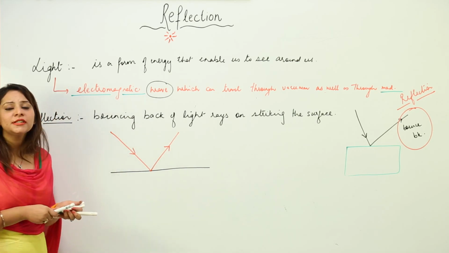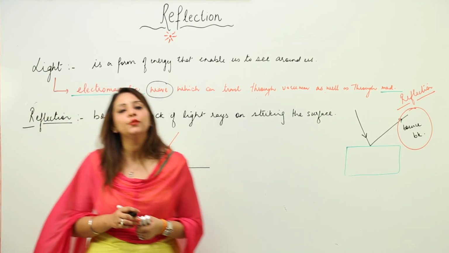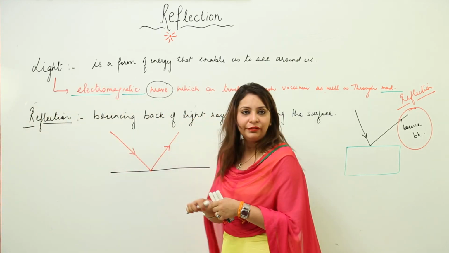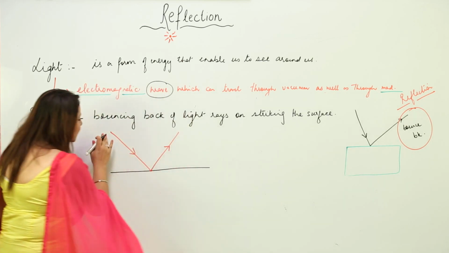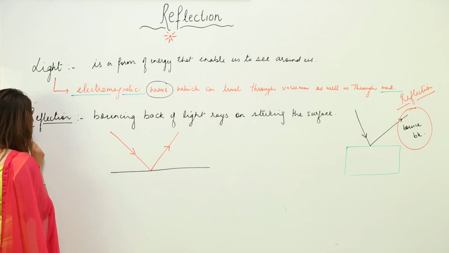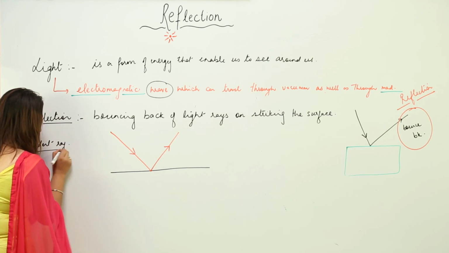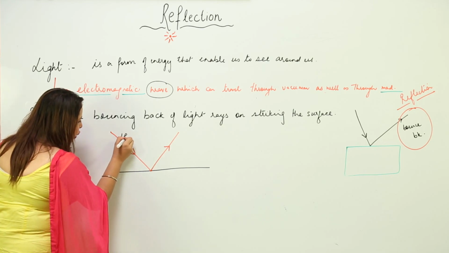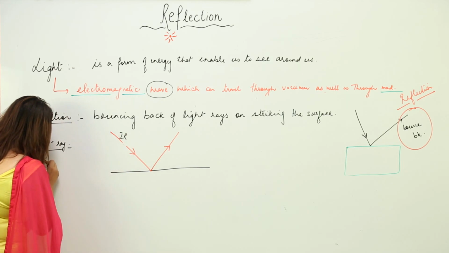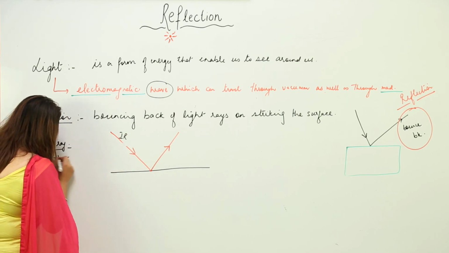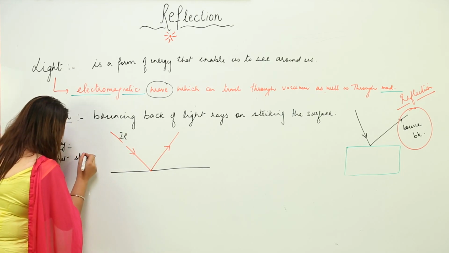Now we are going to start with the basic terminology involved in this chapter, in reflection. The ray which is falling on the surface is called the incident ray. So what is the incident ray? This is my incident ray. The incident ray is the ray that strikes the surface.